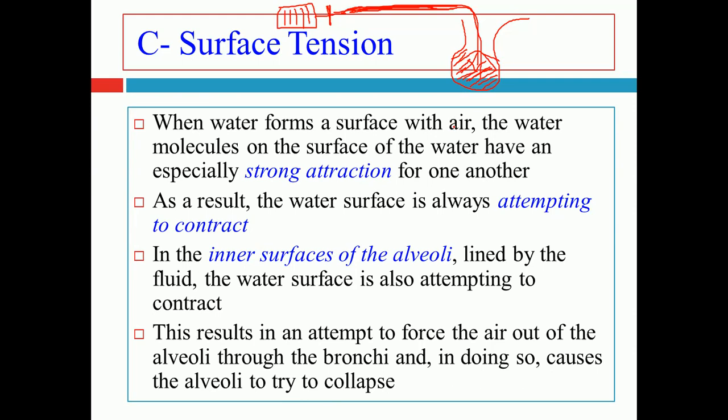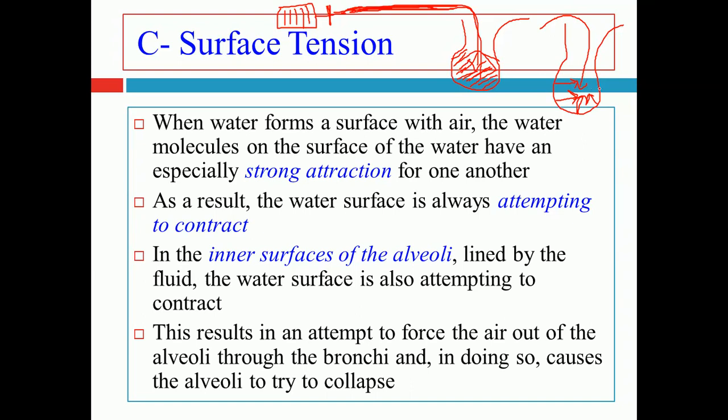So simply, what is that? This is alveoli. The moisture which has accompanied this air, or also the extracellular fluid, tries to collapse the lung because it tries to contract the alveoli.